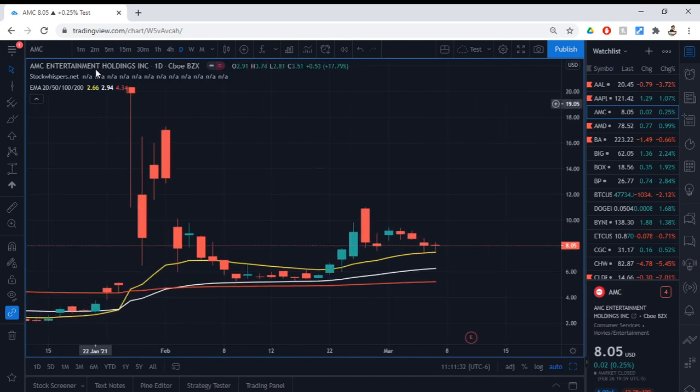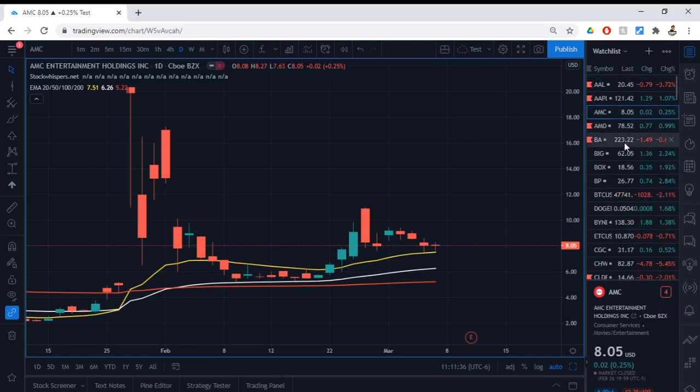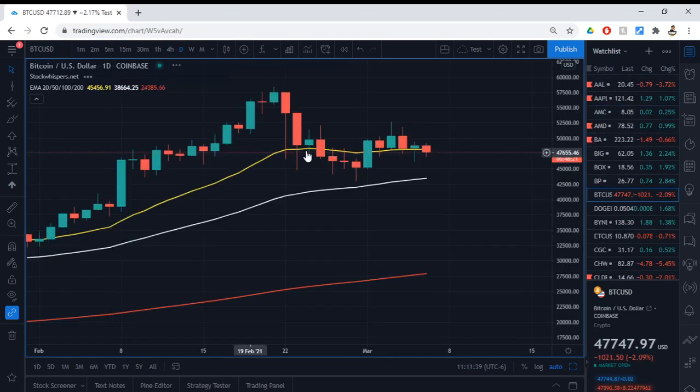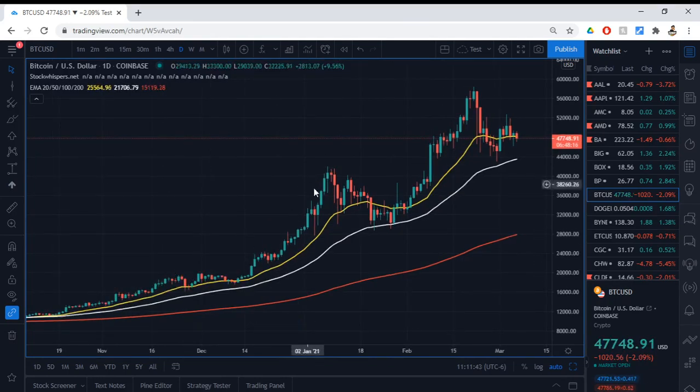And we all saw back on Bitcoin what happens when you trade the counter trend against the daily chart. It's not going to work as well. But you could be lucky, right?